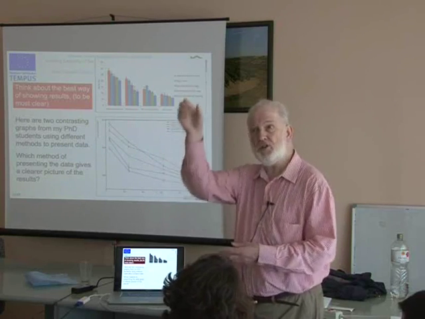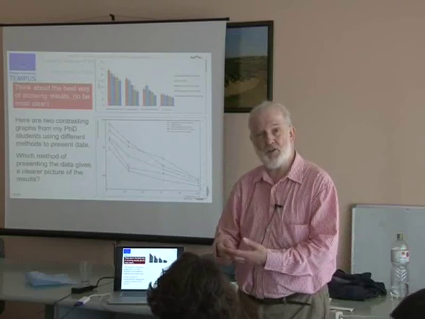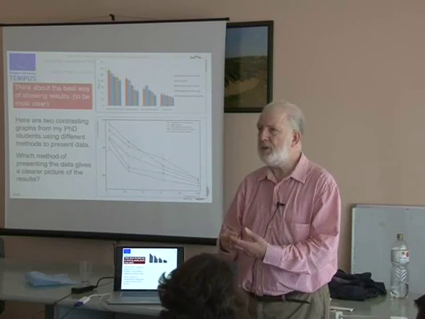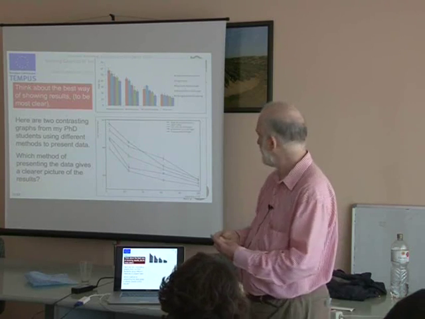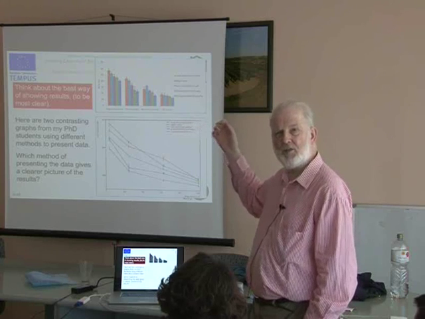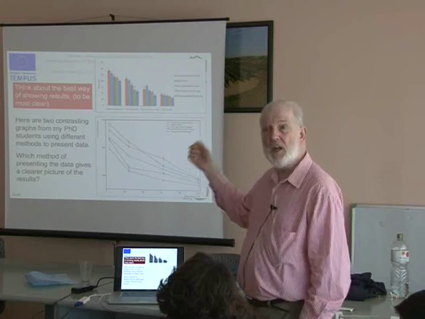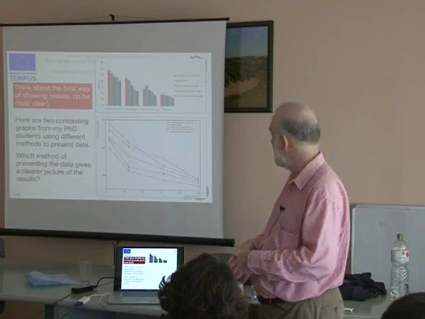Whereas if you have it just in the form of bars, it's more of a challenge to see when the bars are inconsistent in their size. So always think about looking at different ways of comparing the data before you decide on which is the one that you're going to use for the publication.